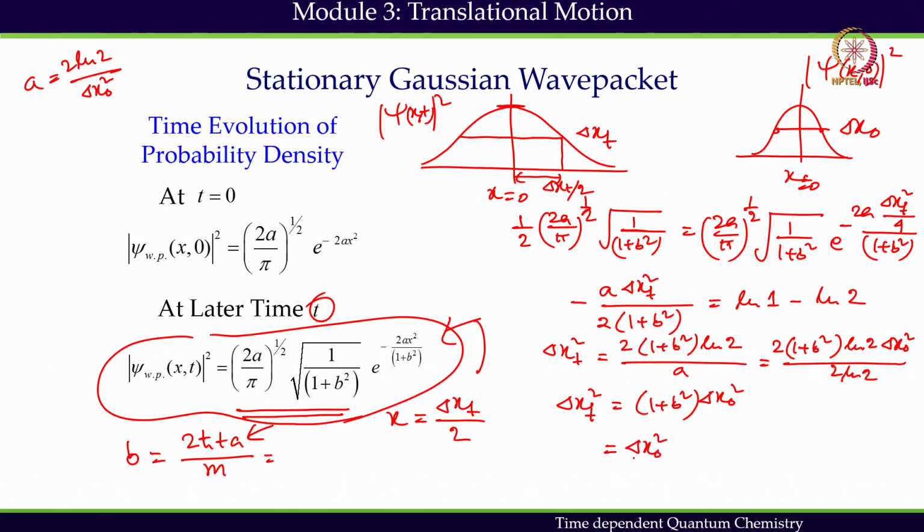You can take a look at these steps very easily. It is tedious, but it is easy to do. 4 h cut square t square 2 ln 2 whole square divided by m square delta x naught square.